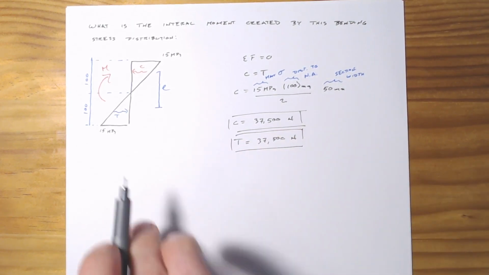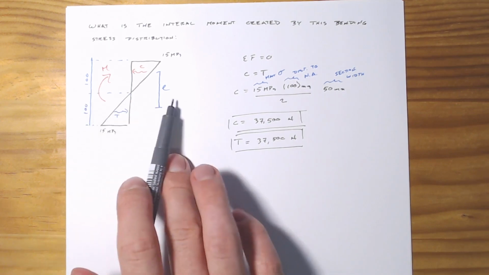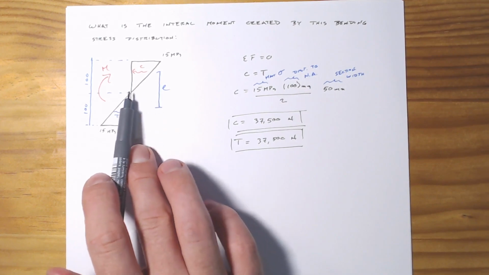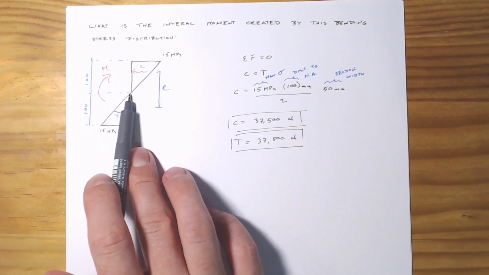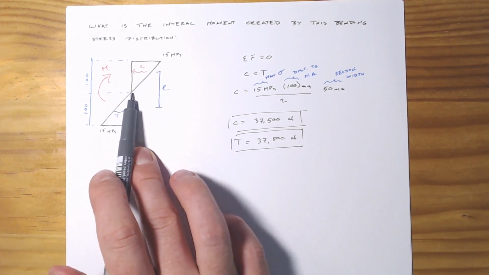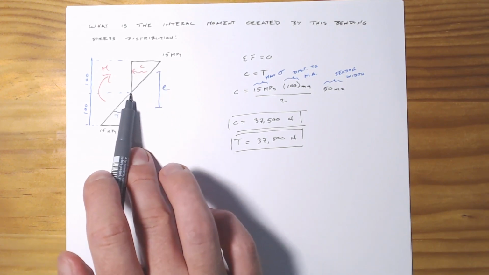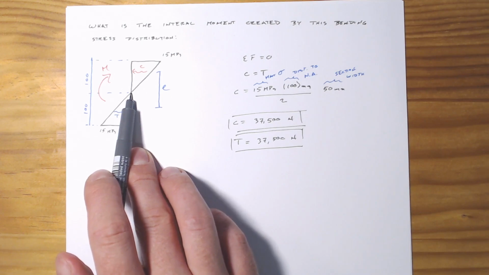All right, well, now we've got our two forces. If we want to work out what this moment is, we just want to work out what this distance E is away. Now, because this is a triangular stress distribution, we know that the centroid, or where the resultant force is going to be, is 2/3 away from this point, so 2/3 away from the neutral axis.